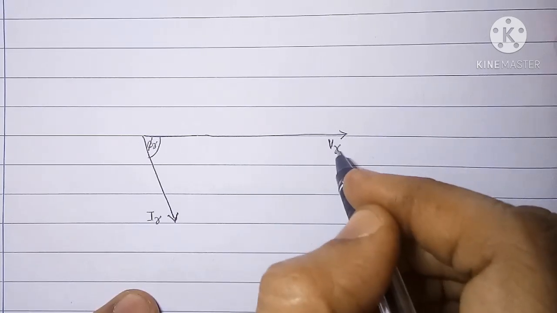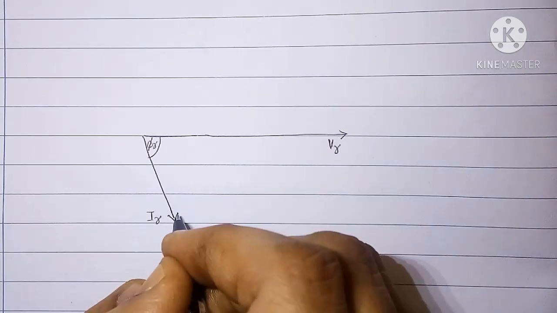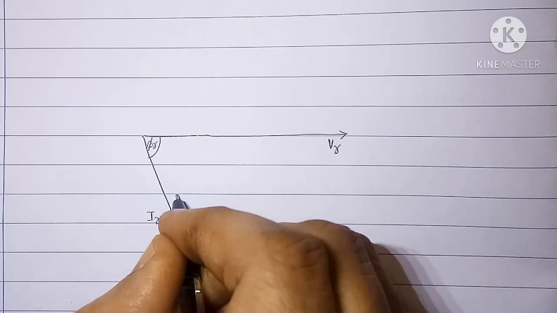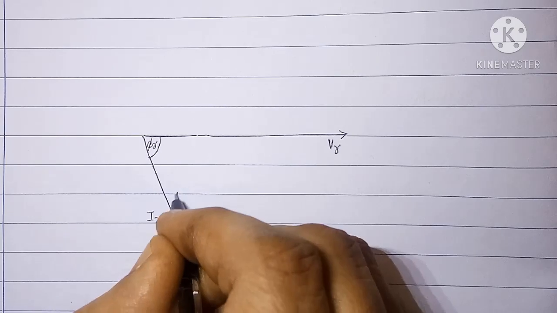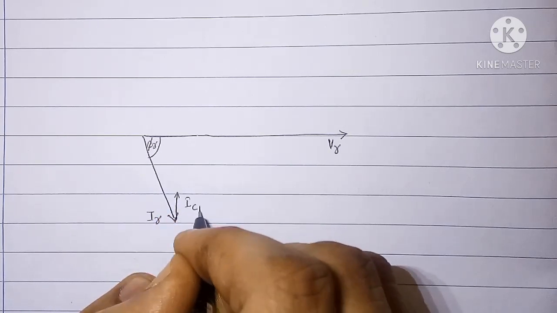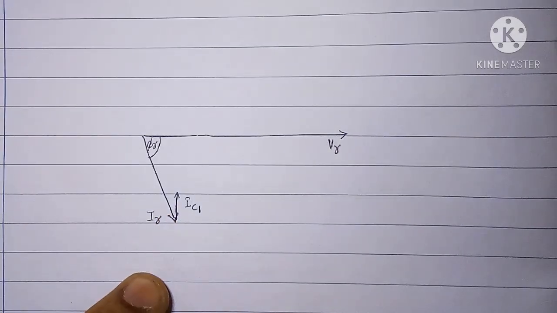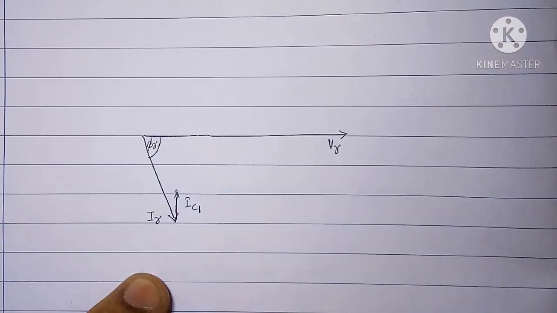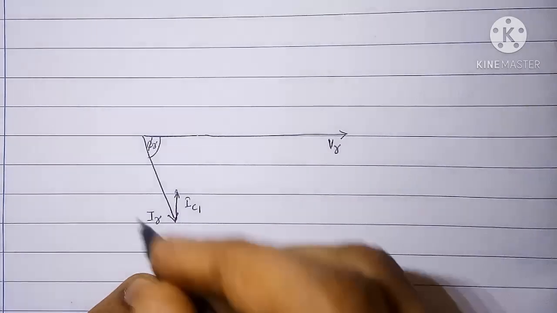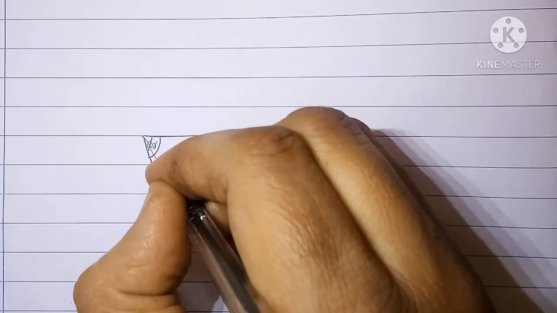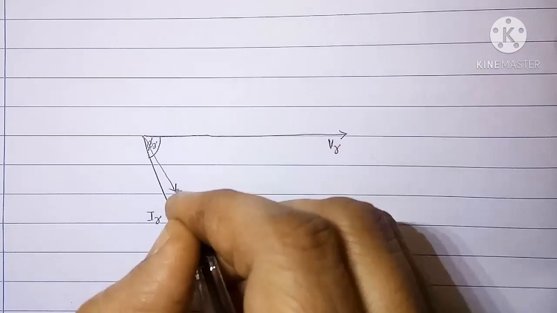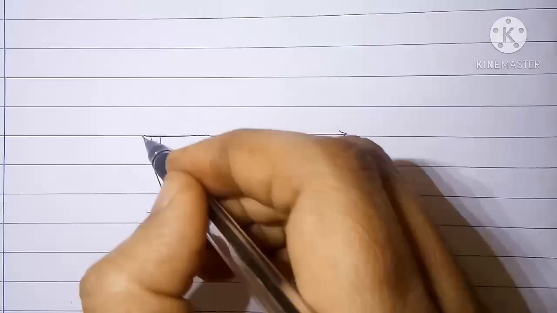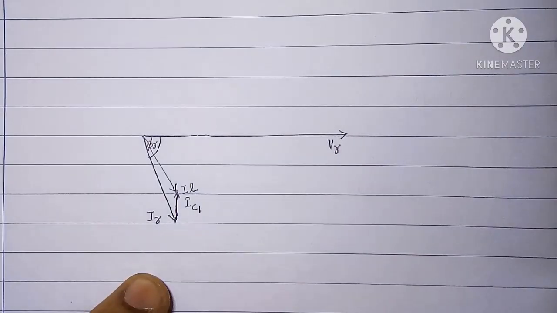Therefore at 90 degree to VR we will show IC1 from the tip of IR this way. This is IC1. Adding IC1 and IR we get IL. So this phasor is now IL.